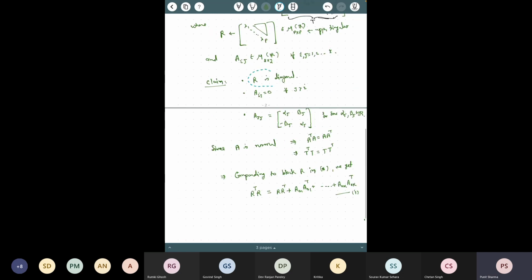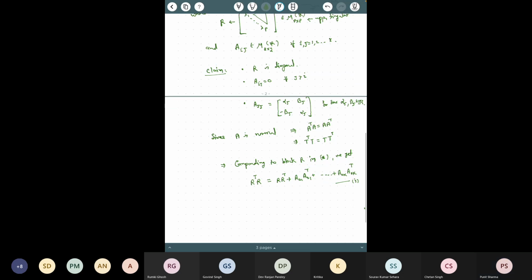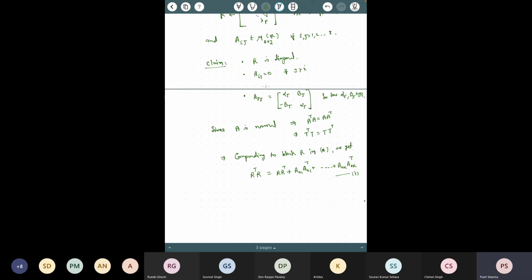So this will be done if I just show that these blocks are 0. That means these A0I blocks are 0, or these terms in this sum are 0. So I need to show that this sum is 0. Then I can say R is diagonal. So any idea how we can do that?